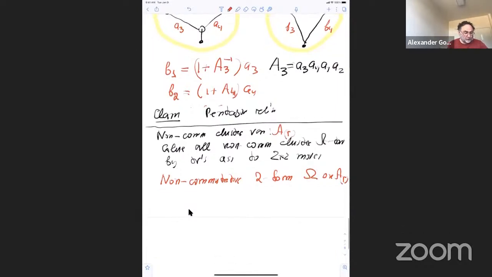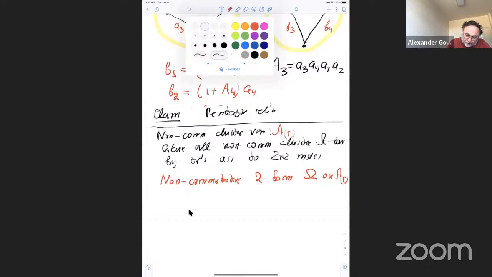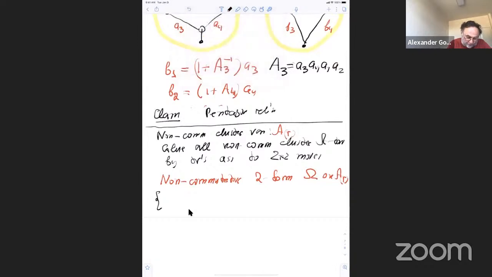And so to define this form, let me remind you a little bit of standard facts. Let me introduce a two-form of the following shape, which is dA, dB, B inverse, A inverse.